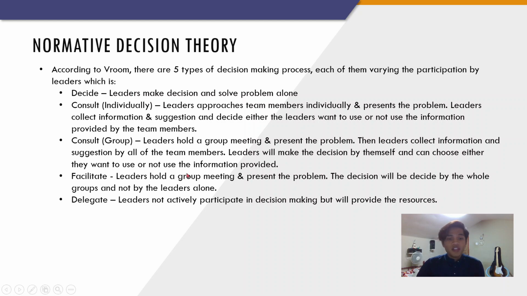And the last one is delegate. In delegate, leaders do not actively participate in decision making but will provide the resources. All the decision making process will be fully, 100%, by the team members.